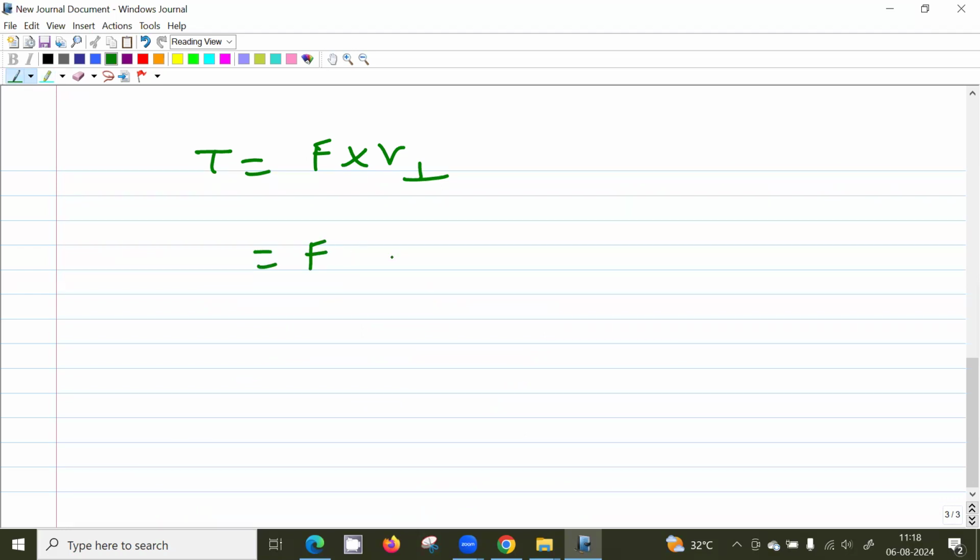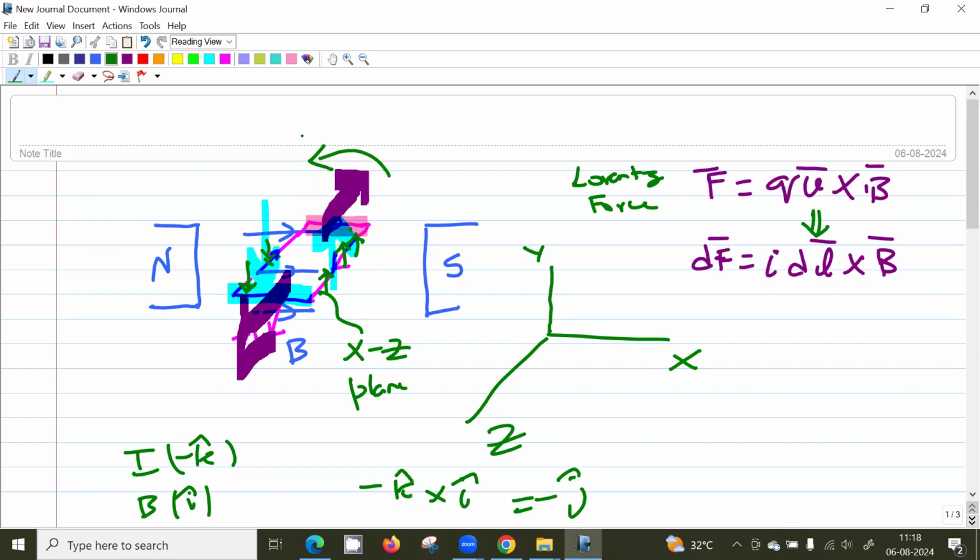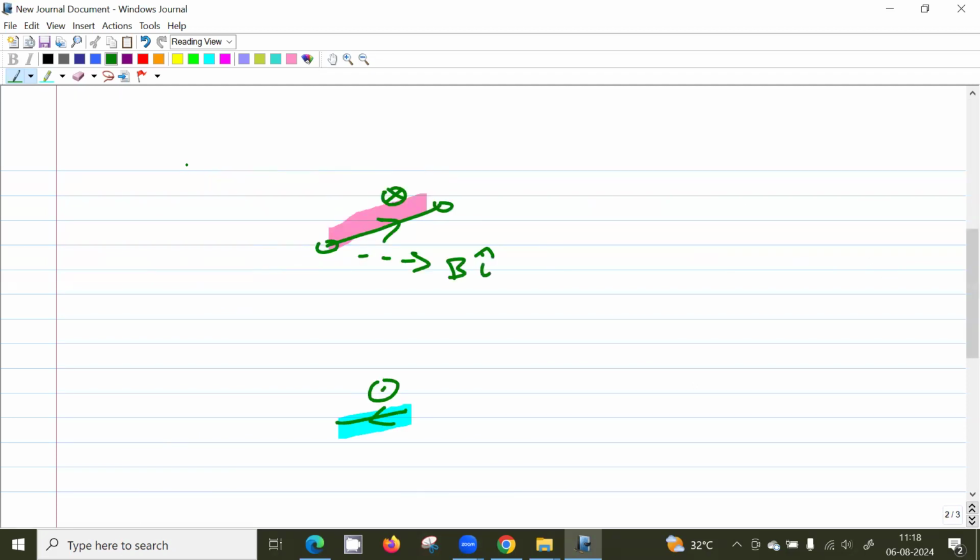The breadth of the coil is a. Force into r perpendicular is a by 2, and then some angle will come. This force from this middle axis, so this length is a by 2, and this separation is theta.